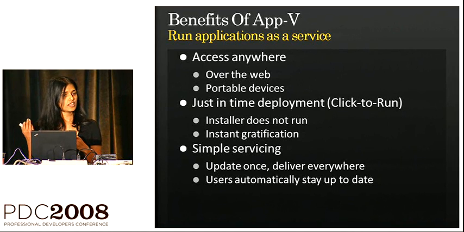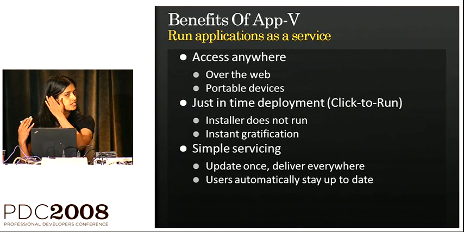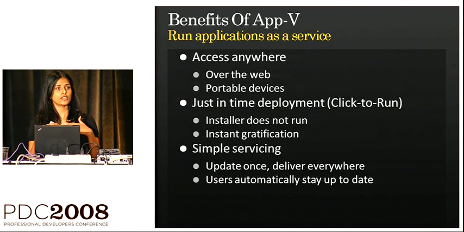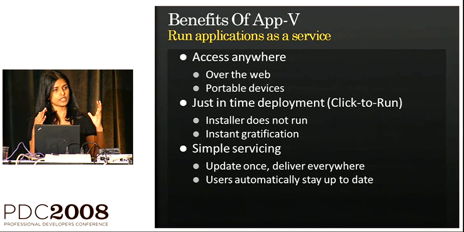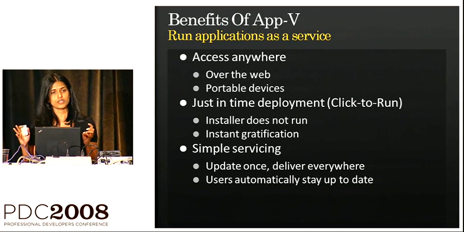You see, for many years, our enterprise customers have already been converting traditional applications to run as a service. And the reason they love doing that is they can repackage a traditional application and run it as a service without rewriting the application at all.